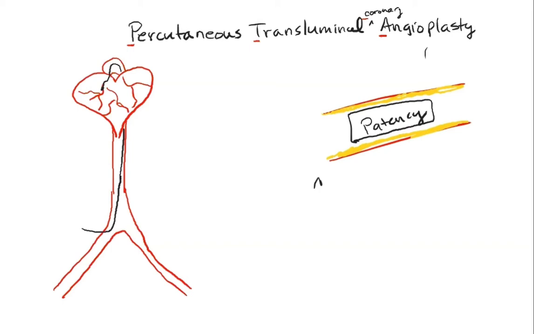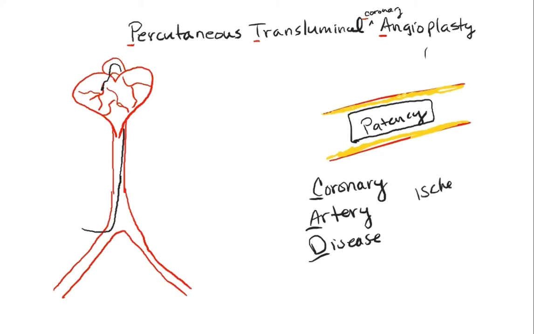But it's called coronary artery disease, or CAD. And this coronary artery disease is everything we've been discussing so far in regards to the plaque buildup within the blood vessels of the coronary arteries. And that leads to what we discussed earlier, ischemia, which we described as being a lack of oxygen to the tissues.